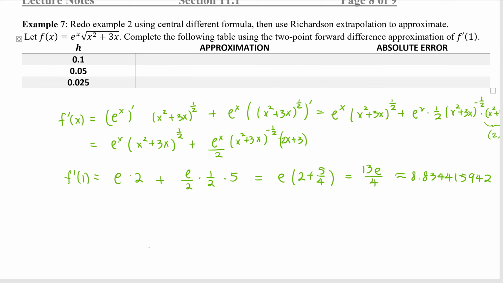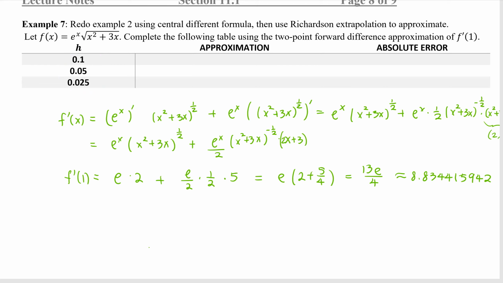Okay, so actually now let's do it again using the central difference formula because that is the second order approximation. After we get the approximations, we can use the Richardson extrapolation to approximate it. And here, because we have 3 data, we will actually get a 6th order approximation from this data.